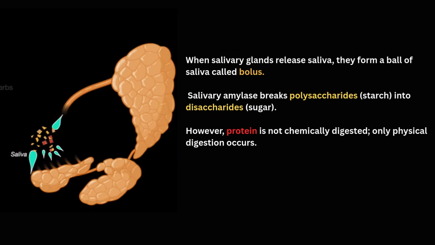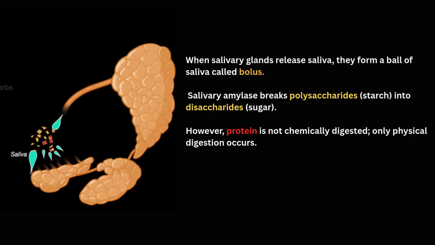Now, when the saliva glands release saliva, it acts as a lubricant, lubricating the food, and it forms a ball around the food called a bolus. The saliva contains amylase, which breaks down carbohydrates like starch.